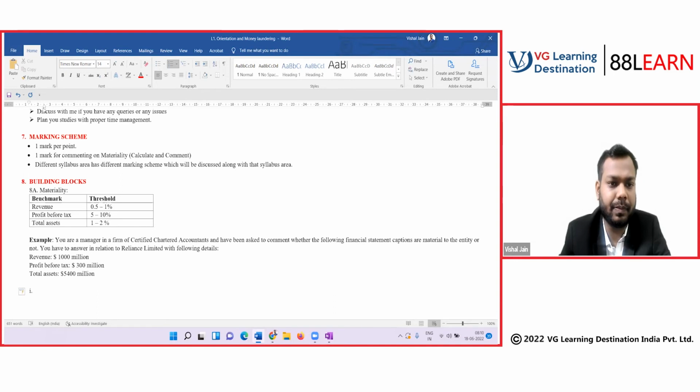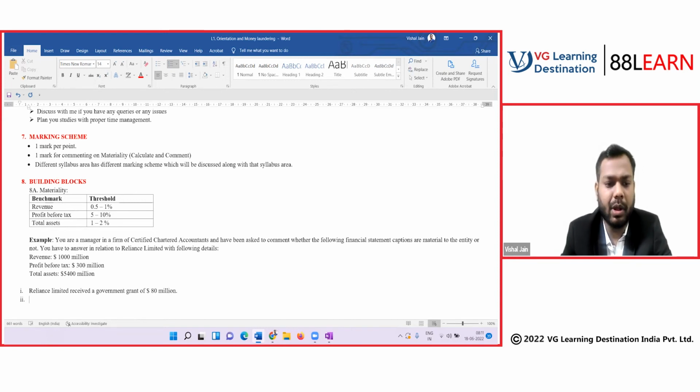Now case 1: Reliance Limited received a government grant of $80 million.